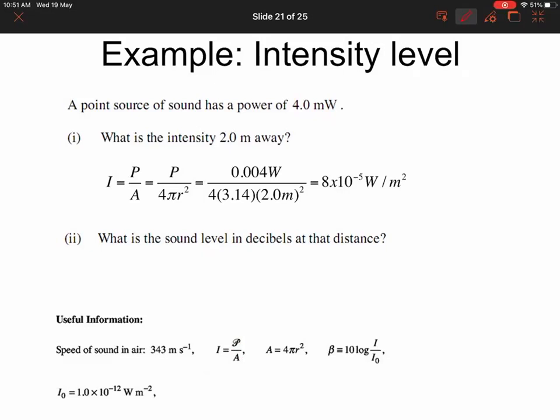You use that in the next question to find the sound level. So the intensity level has the equation 10 log I over I0. That means you need the intensity in order to find the intensity level. So intensity will come from your previous calculation, 8 times 10 to the minus 5. I0 is the threshold of hearing. It's always 1 times 10 to the minus 12.